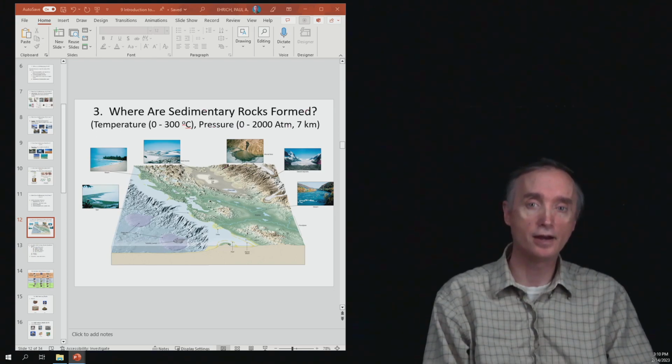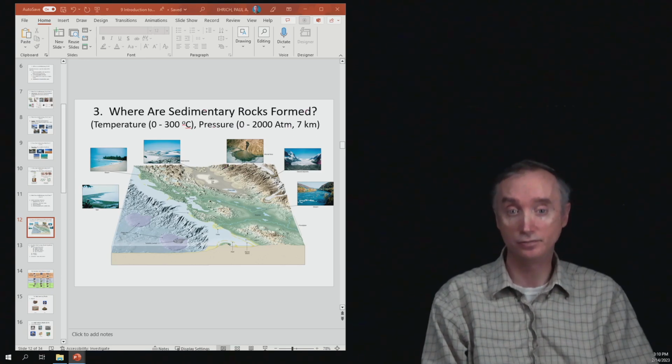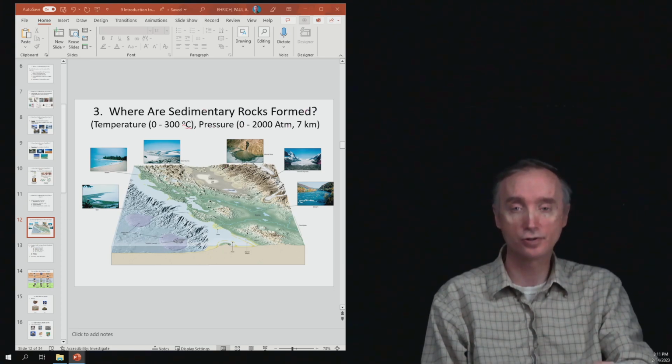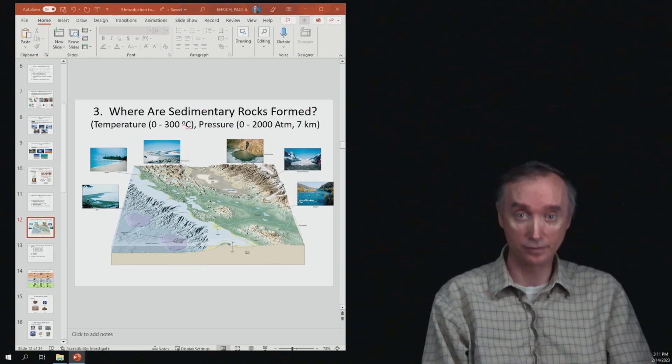You could also have rocks that are far out to sea. So close to the shore is where you're going to have lots of silt and mud. And then when that sediment goes to the bottom of the ocean and is glued together, you could have siltstone or mudstone as a result of it.